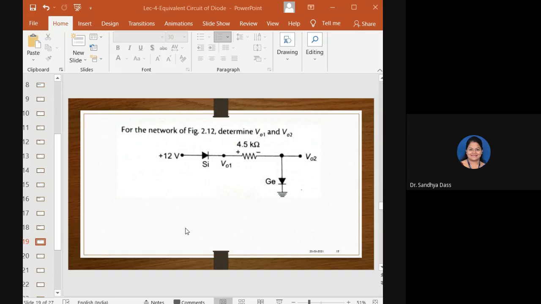What would be VO1? That is the voltage at point VO1, at this point. Can you just analyze and think and tell me?